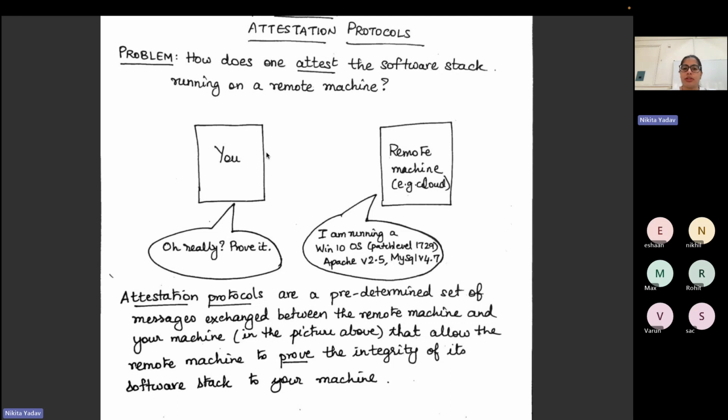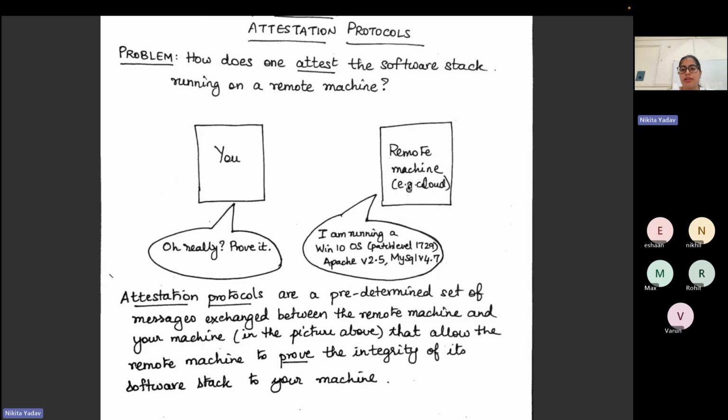In this setting, your cloud provider here is the prover, and you, the client, are the verifier. And you, who is the verifier, need to have a root of trust on the cloud machine.